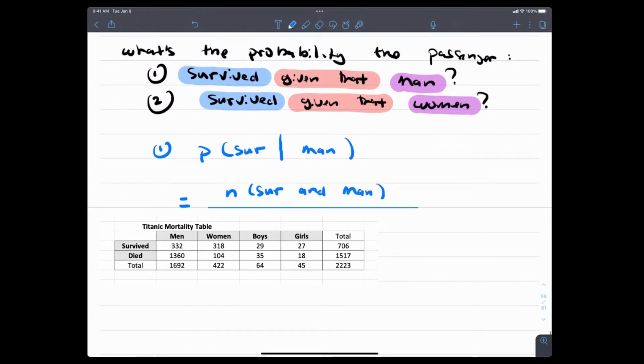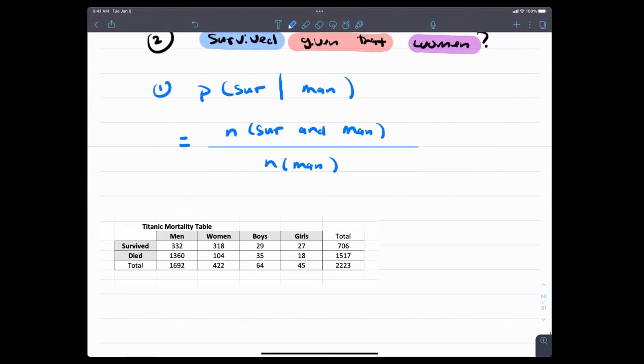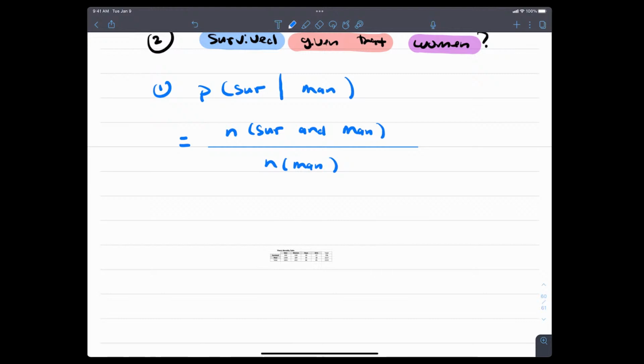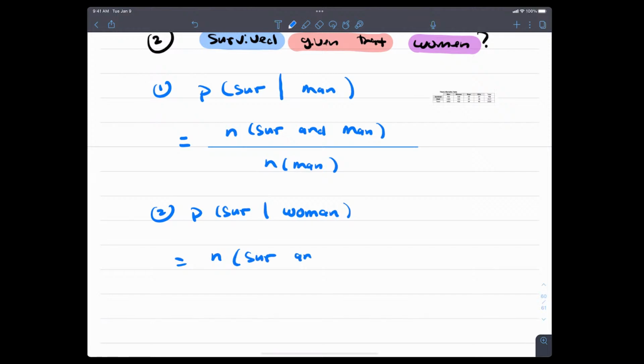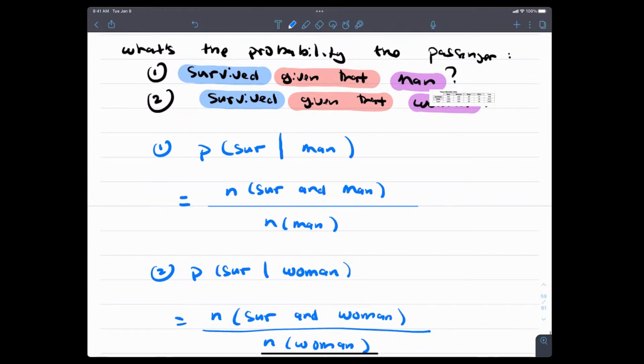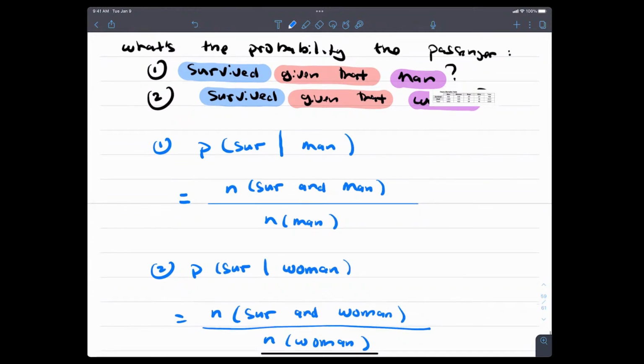This is your definition. Okay, you're going to also use probability you survive, given that you're who? A woman. Number who survive and are who? Women out of the total number of who? Women. All right?